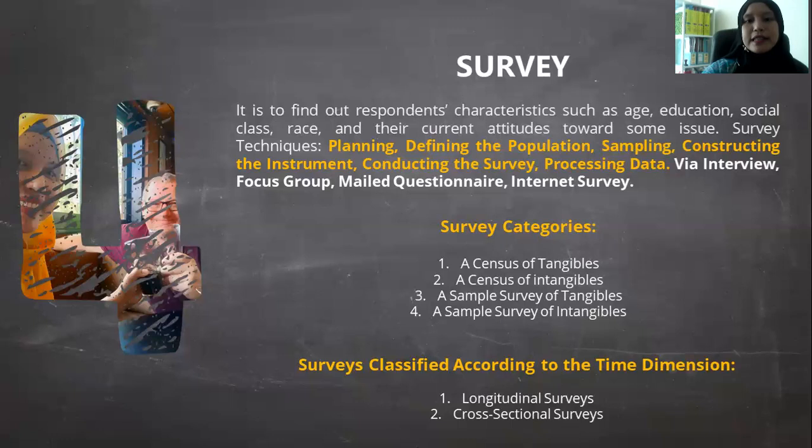So if you are interested, please think now about the three main methods in quantitative research: experimental research, correlational research, and survey. Which one do you think is easier for you, at your level, to do the research?